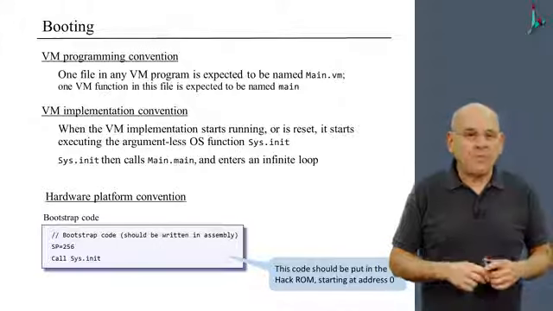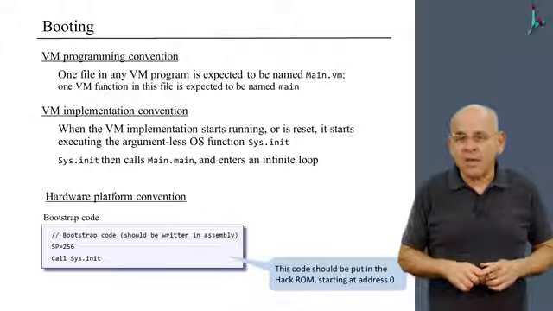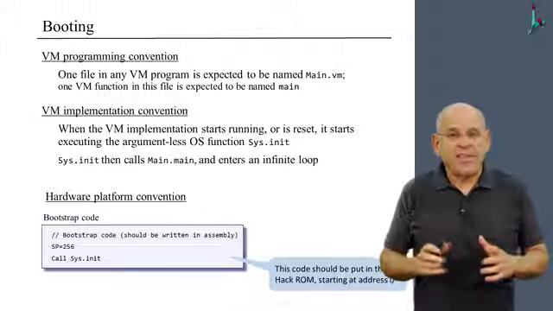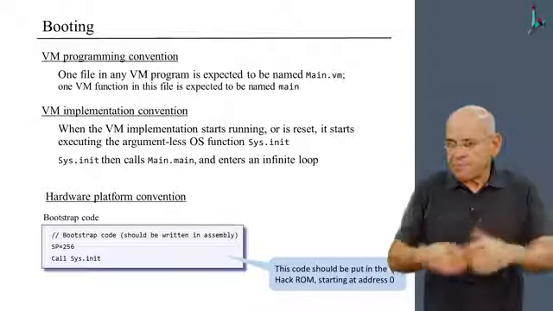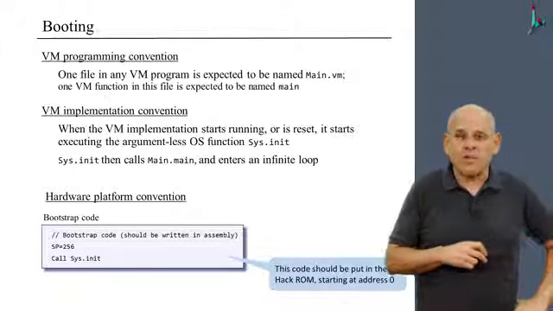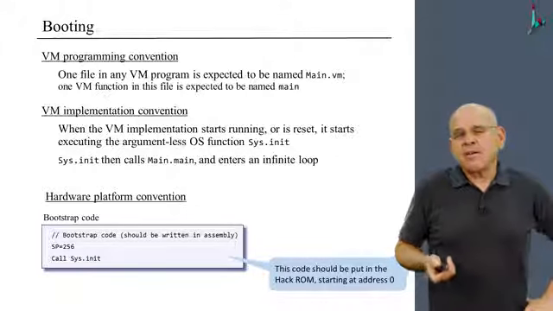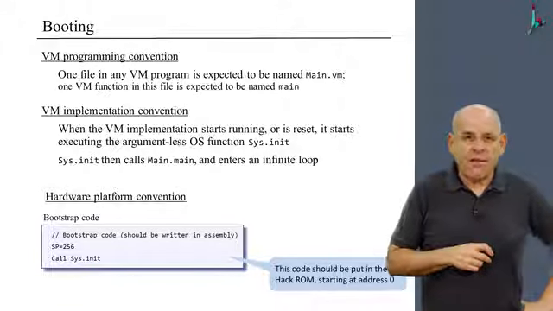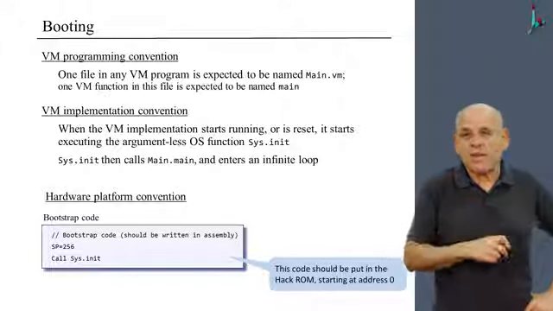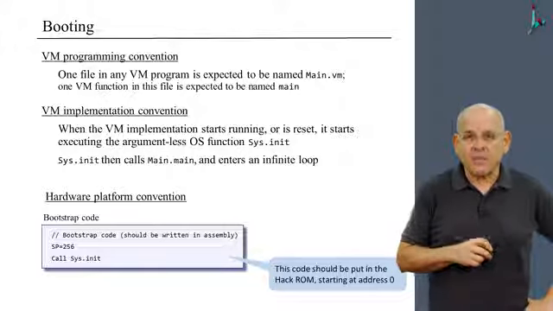These two things must be done in machine language, in assembly. And that's it. From this point onward, let the show begin. Everything will roll smoothly because the VM translator will know what to do with every VM command. That's what we did in all the units in this module.